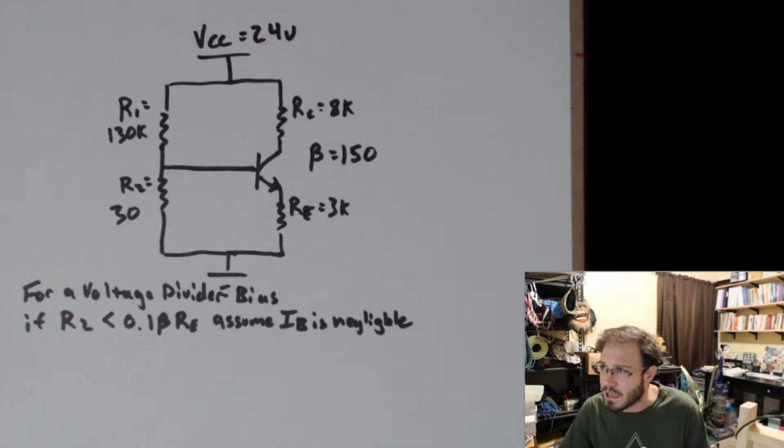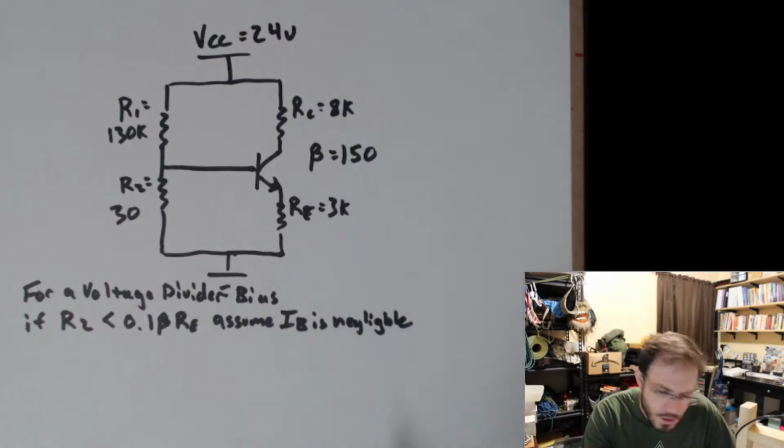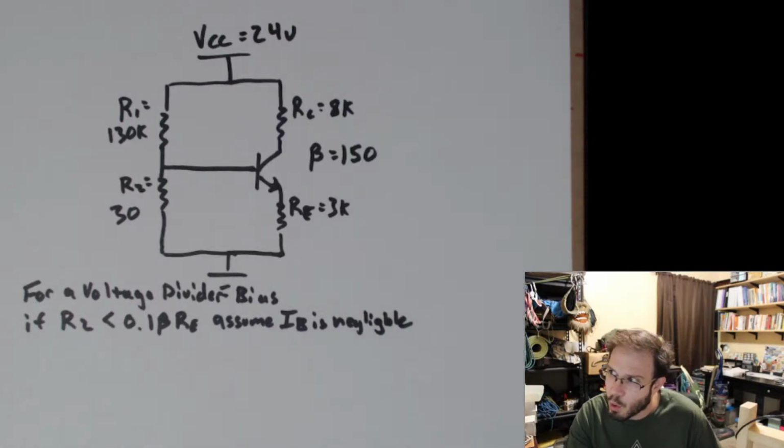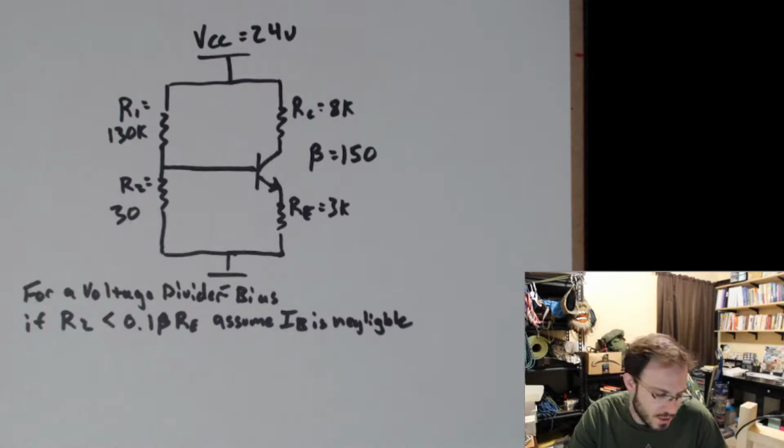They have a limit. You just can't supply or source or even sink tens of milliamps. You can get away with sinking more than you can source. Generally speaking, my rule of thumb is if you're sourcing more than 1 milliamp, it needs to come from somewhere else, not inside of the microcontroller.